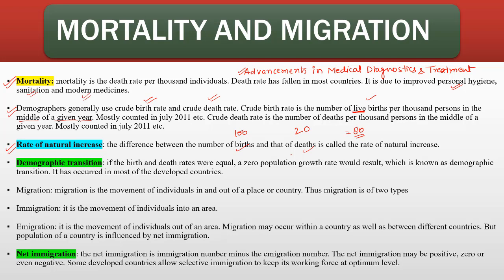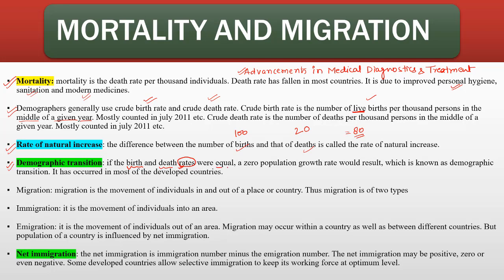Now the term is demographic transition. If the birth and death rates are equal, rates meaning per unit time the number of individuals taking birth and the number of individuals who are accepting their destiny, the final phase of their life.